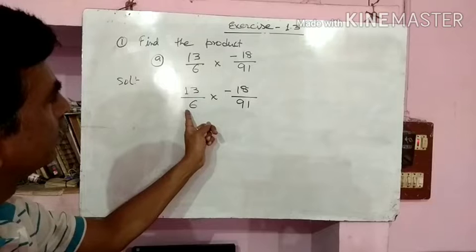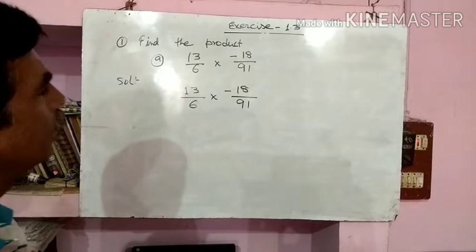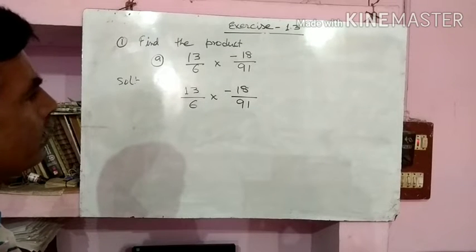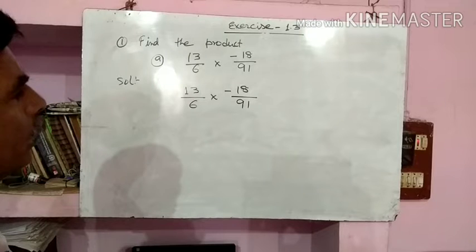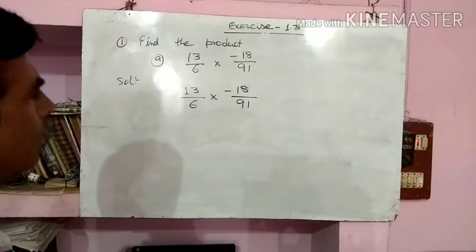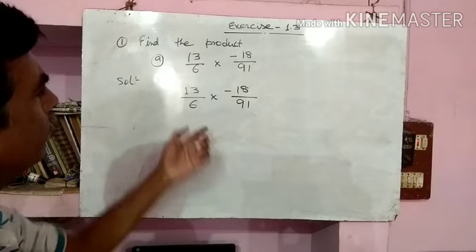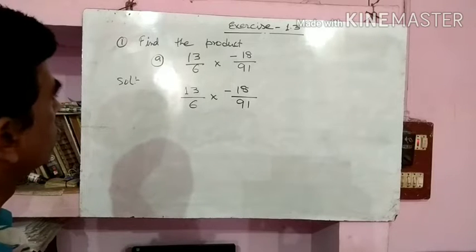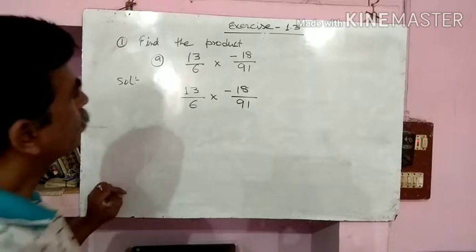and 6 into 91, and then you divide by a common number, then you get the result. Or if you do the same task smartly, you can solve it.